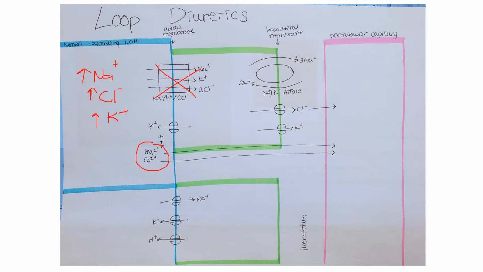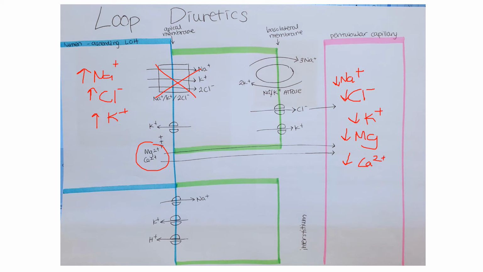So then what do we get here? In the peritubular capillary, we have a decrease in sodium, a decrease in chloride, a decrease in potassium, and we also have a decrease in magnesium, so we get hypomagnesemia, and we get hypocalcemia.